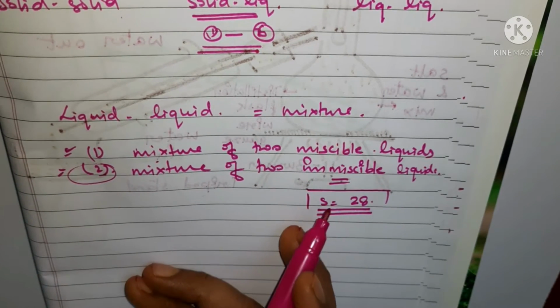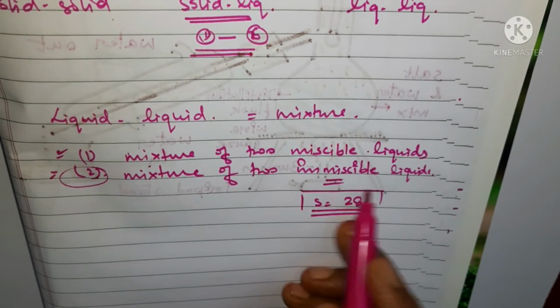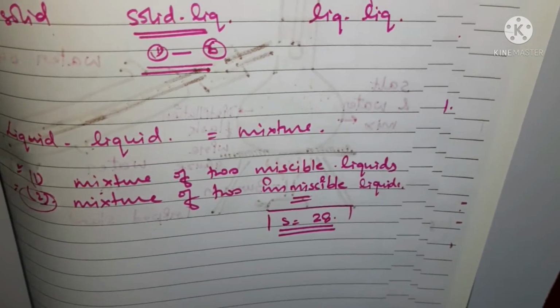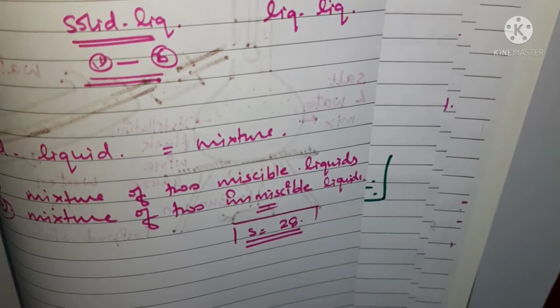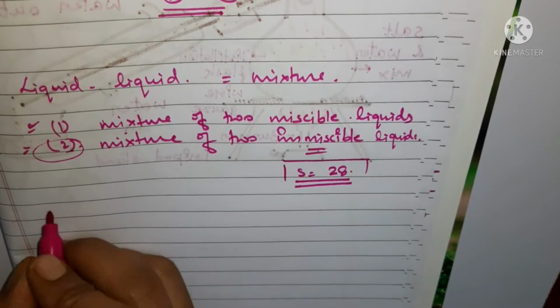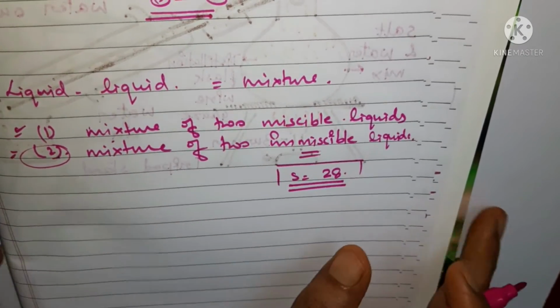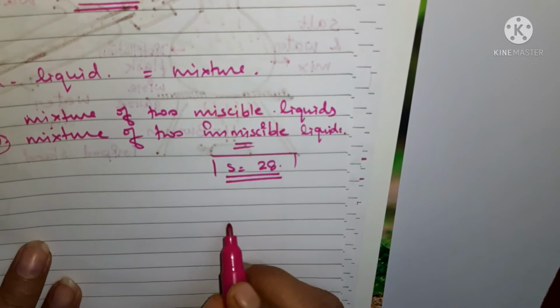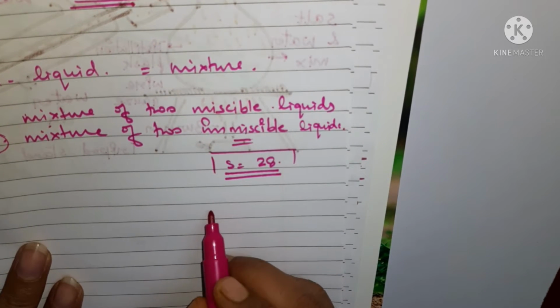So let us try to understand how to separate two immiscible liquids here, and what we are going to do for it is set up one experimental setup here, and we'll see how it is going to be separated out.